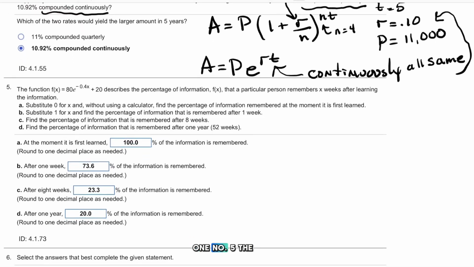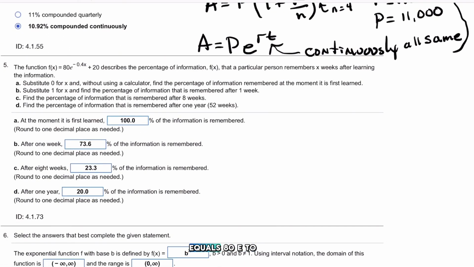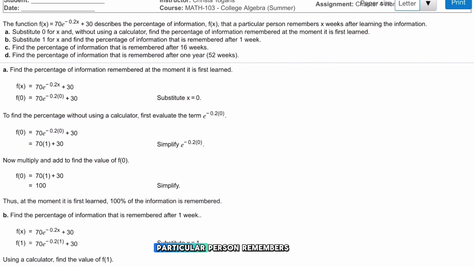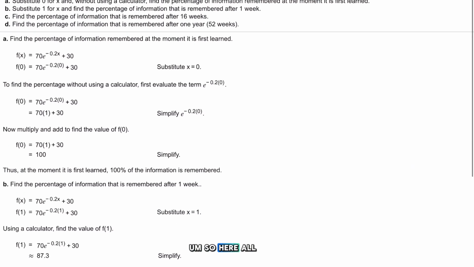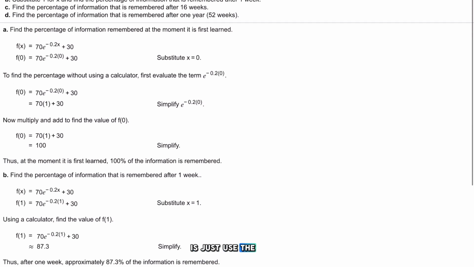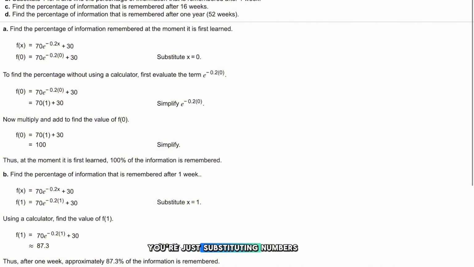And then the next one, number 5, the function f of x equals 80e to the minus 4x plus 20 describes a percentage f of x that a particular person remembers. So here, all you need to do is just use the example. You're just substituting numbers in.